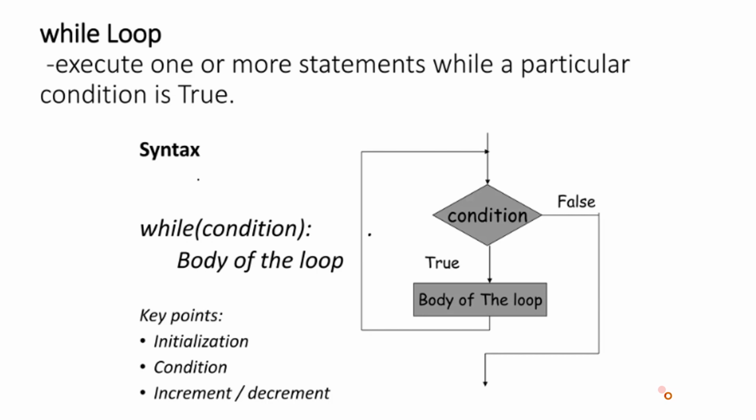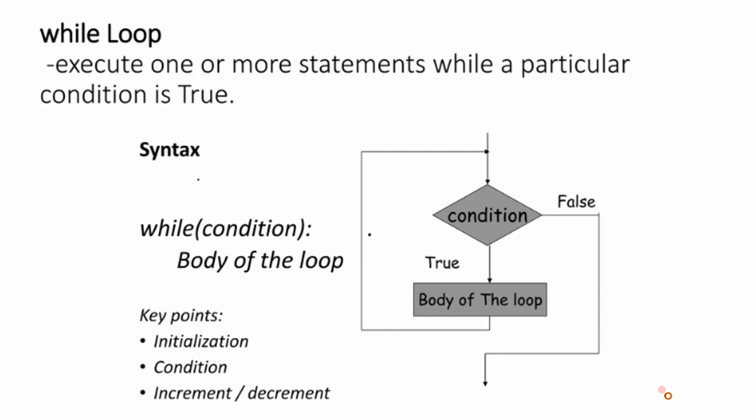After 10, the next value will be 9, then 8, 7, 6, 5, 4, 3, 2, 1. So this will be the example of decrementation, because you need the next decremented value from the initial point. So either you are going to have incrementation or decrementation. Both cannot be implemented in the same looping construct.